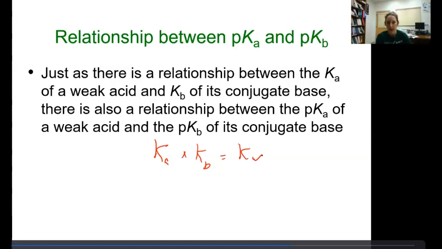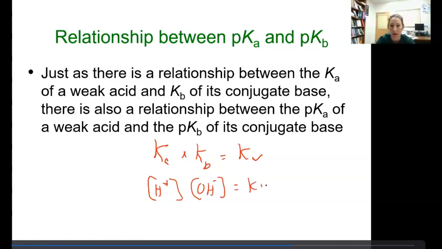Well, pKa and pKb work the same. Remember we said H times OH equals Kw, and if you took the negative log of H and the negative log of OH, you get 7 plus 7 equals 14, because it's 10 to the negative 14th.